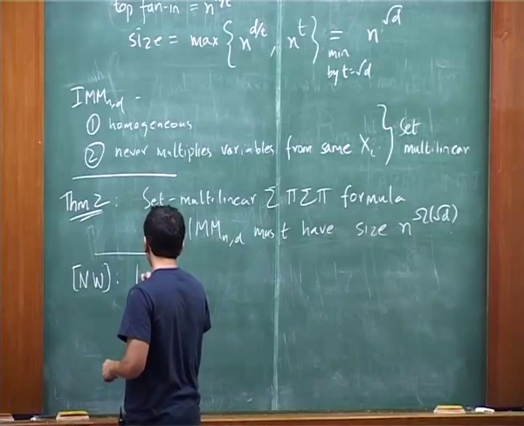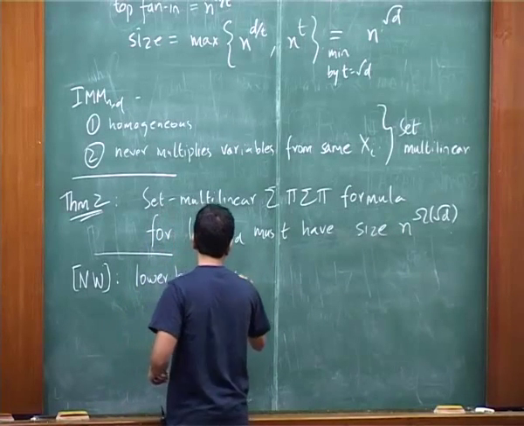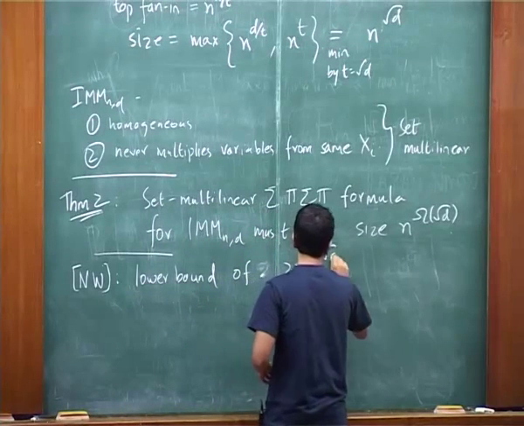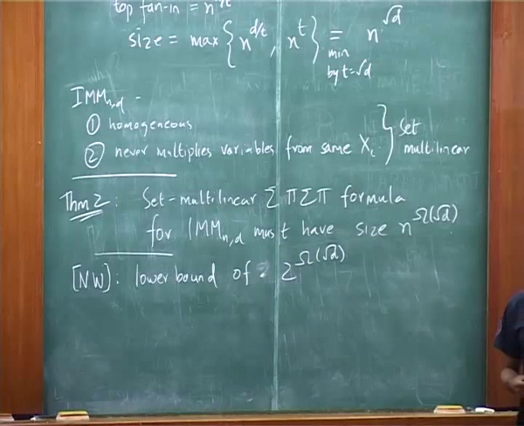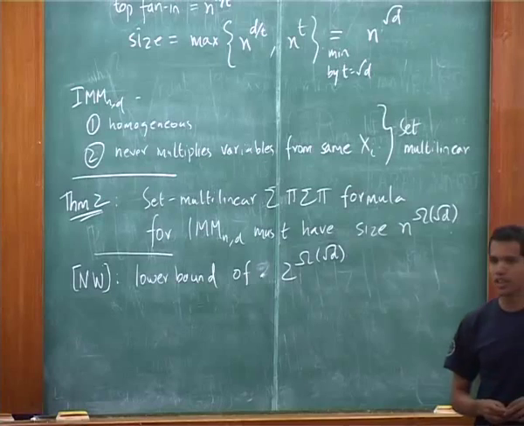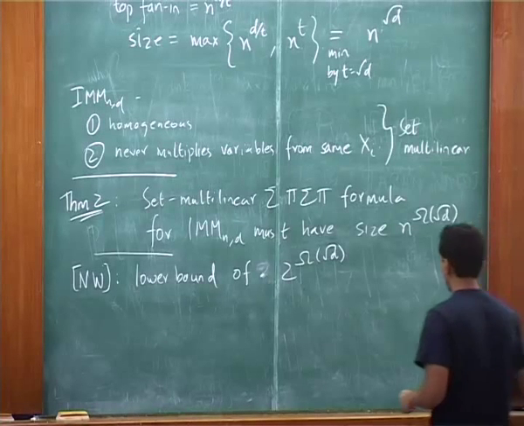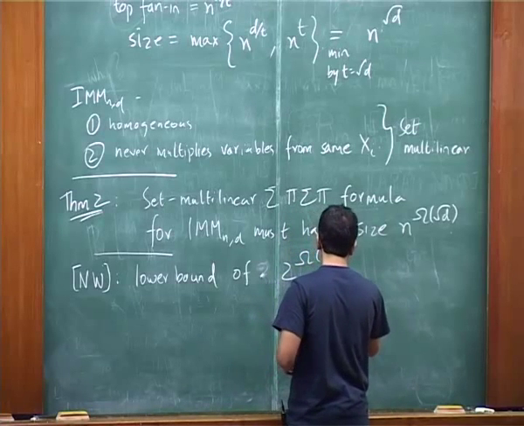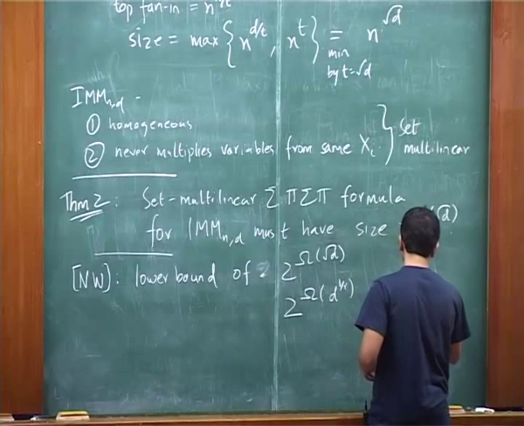They prove a lower bound of 2 to the omega square root d for sigma pi set multilinear. In the same model, they prove a lower bound of 2 to the omega square root d, but they also have a more general result. So they get 2 to the d to the 1 over r for something like depth 2r.